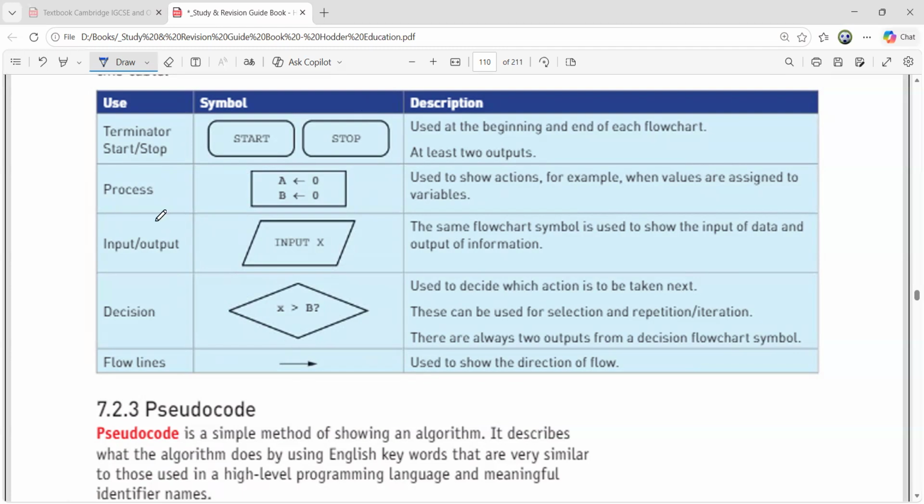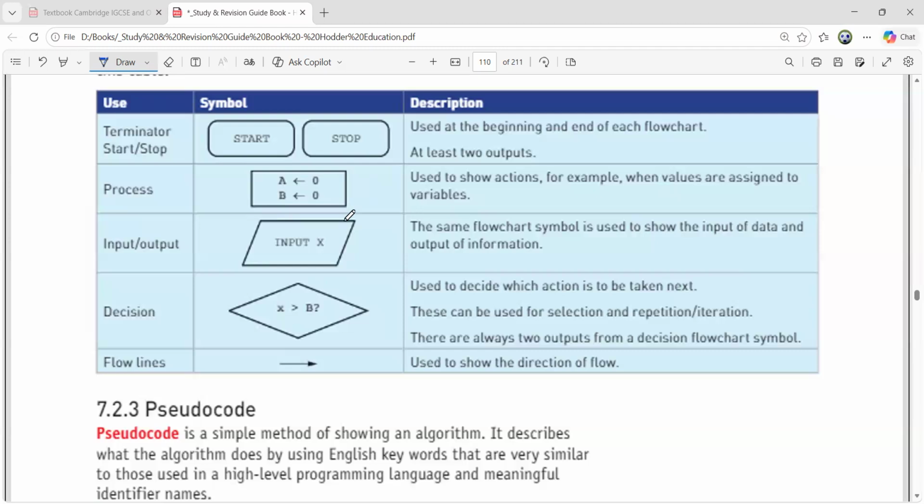Then we have a process, which is just a simple rectangle, used to show actions, for example, when values are assigned to variables. The same symbol is also used for performing any sort of calculations.